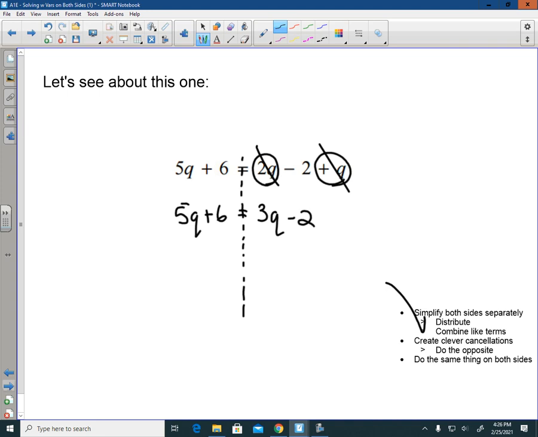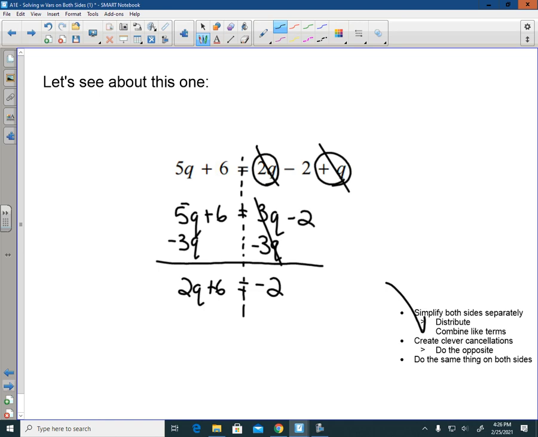Simplification is separate. So now, to create a clever cancellation, I like to start with the variable that's on the right side if I can, and so I'm going to subtract 3q from both sides. That creates this cancellation. 5q's minus 3q's is 2q's. Plus 6 equals -2. Don't forget that minus sign that's hanging out there.